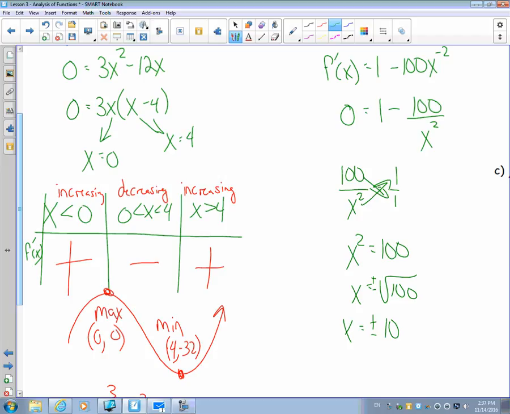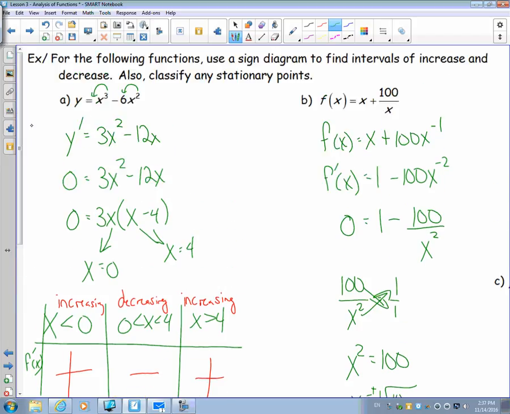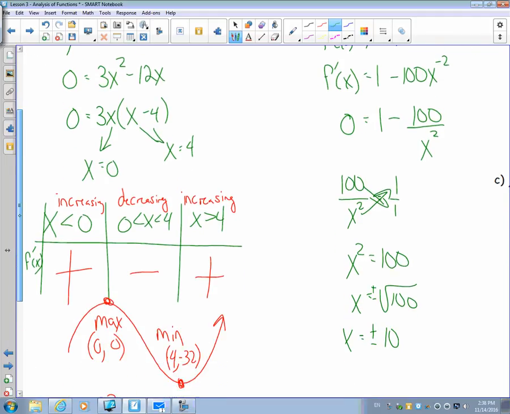And there's one more weird thing that I need to point out to you. Anytime we have an x on the bottom, that's a vertical asymptote, as we learned about in last unit, at 0. When you have vertical asymptotes, that has to become part of your sign diagram, because it's a break in your graph where things change directions. So I actually have 3 parts to this one.